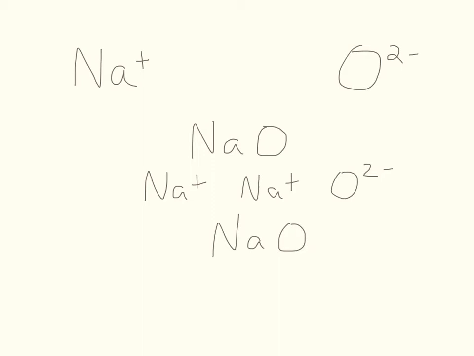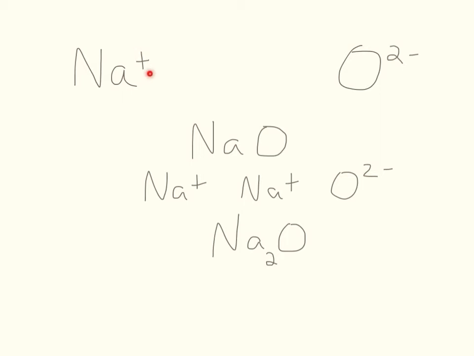And the way to tell me I have 2 sodiums is by using subscripts. That is a number below, and it's written after the element that you're talking about. That is the only thing you're allowed to use when you write ionic formulas: you use subscripts. What's not subscript?